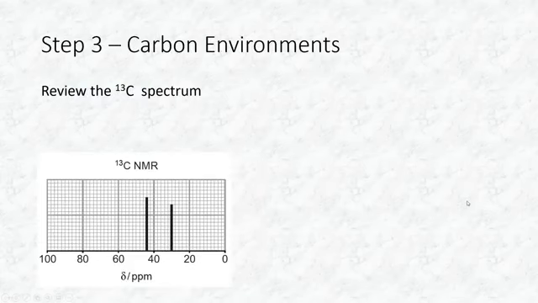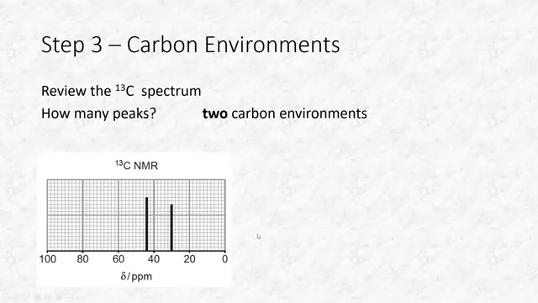Okay, now we're looking at the carbon-13 environments to help us work out the fragments of the molecule. If we review the carbon-13 NMR spectrum, we can see 2 peaks present. That means there are 2 carbon environments, so 2 types of carbon, not necessarily 2 carbon atoms, but 2 types of chemically identical groups of carbons within this molecule.